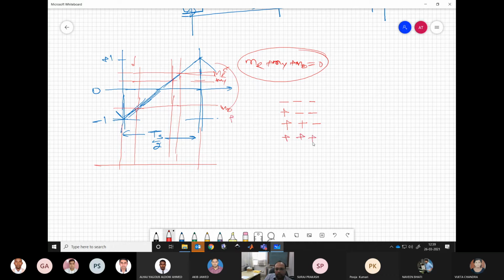And then we have plus, plus, plus. So one switching at this instant we are having, another switching at this instant, and another switching at this instant. So how many switchings are there? You need to speak. 3 switchings. Three switchings in one half subcycle.